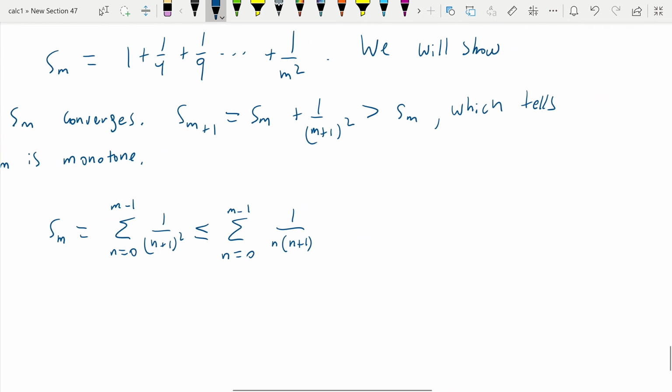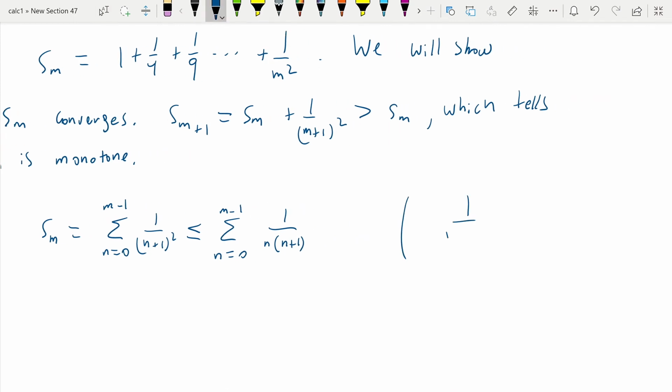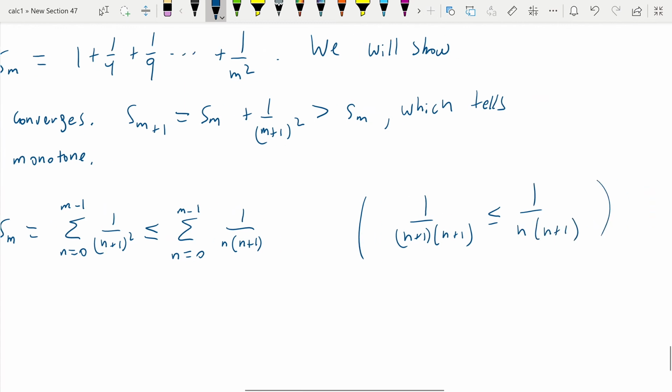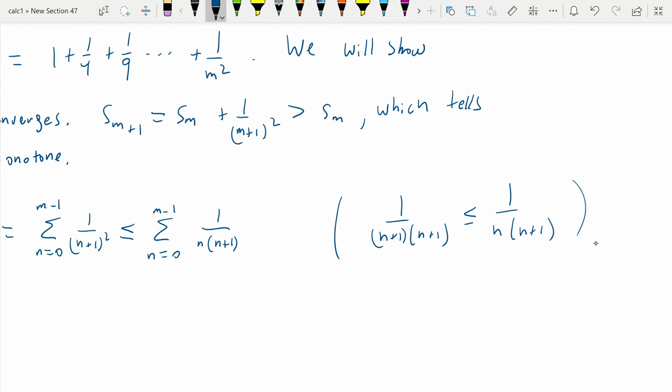Right? I mean, just a side note. 1 over (n plus 1) times (n plus 1) is less than or equal to, in fact, strictly less than 1 over n times (n plus 1). If you don't believe me, just cross multiply and you'll find out that n is less than or equal to n plus 1.